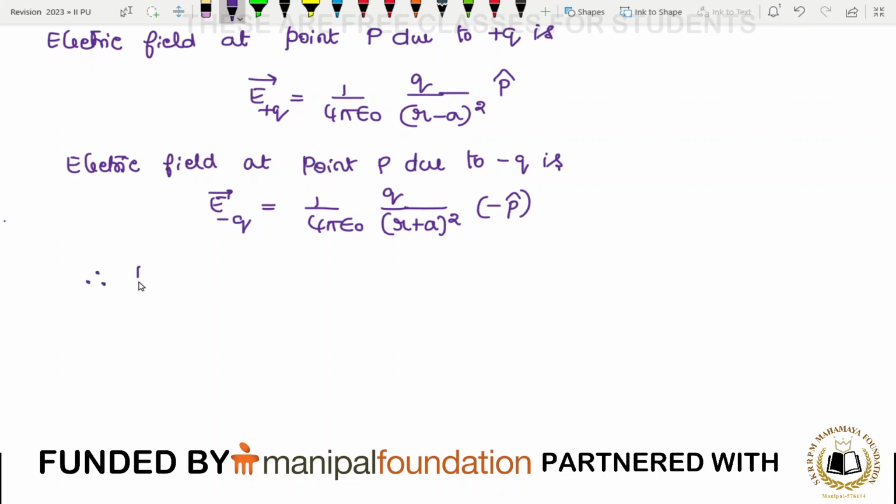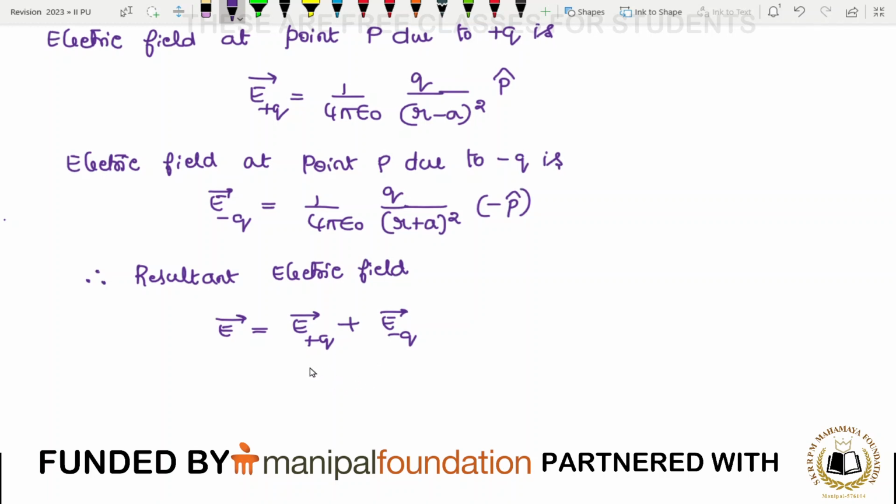Therefore, you calculate the next step, the resultant electric field. So what is the resultant electric field? That is E vector equal to E plus Q vector plus E minus Q vector. It's a vector form. Resultant vector, total electric field.